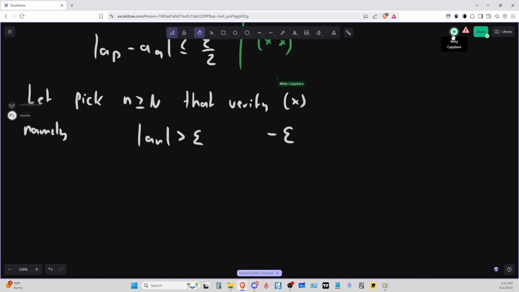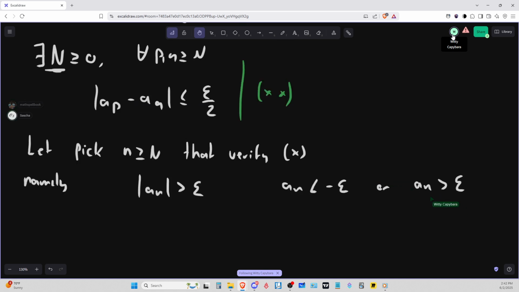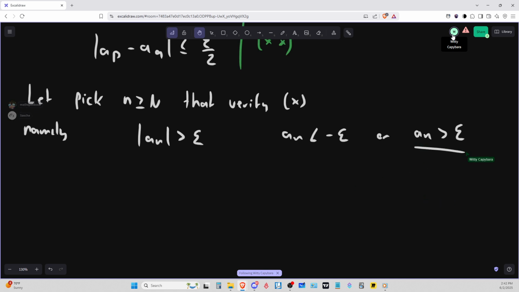So a_n is either less than minus epsilon or a_n is bigger than epsilon. Those are the two possibilities. And I'm going to assume that we're in the second case.